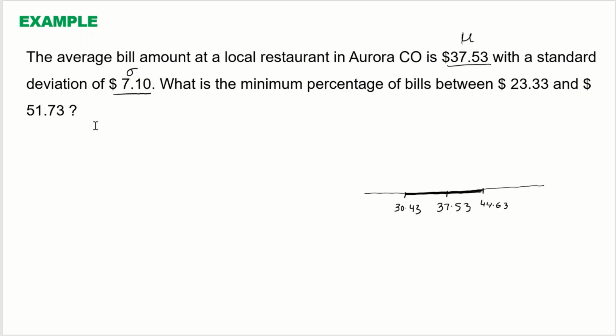So let's go 1 standard deviation up. 44.63 plus 1 standard deviation, or 7.10, if I add that, is 51.73. And then if I go 1 standard deviation down, 30.43 minus 7.10, that will be 23.33.